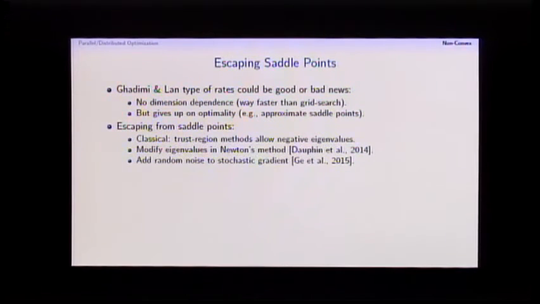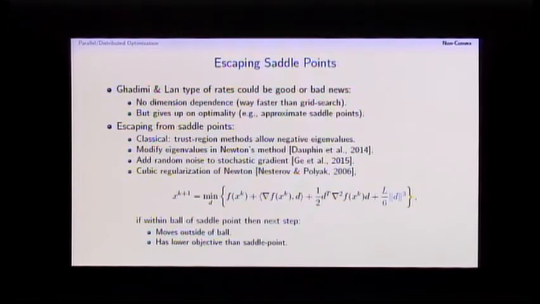There's been some recent work looking at modifying the eigenvalues in Newton's method with a line search style thing, or adding random noise to stochastic gradient, or even gradient methods. There was a paper more recently by I think Ben Recht and Mike Jordan showing that actually gradient descent is not really going to converge to a saddle point unless you give it a ridiculous initialization. So that was kind of a neat result.